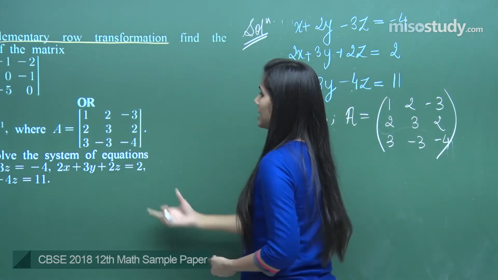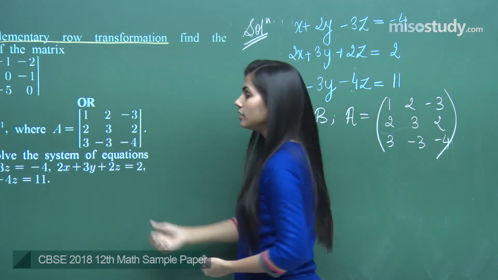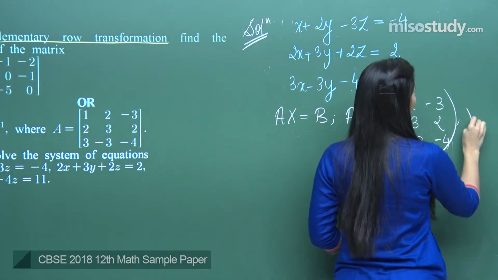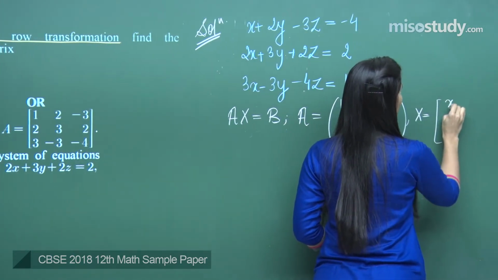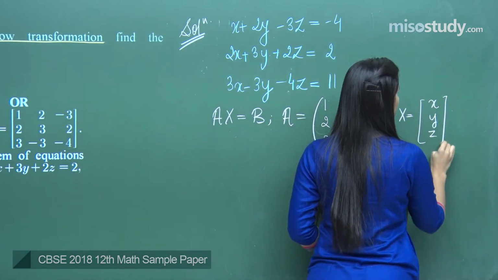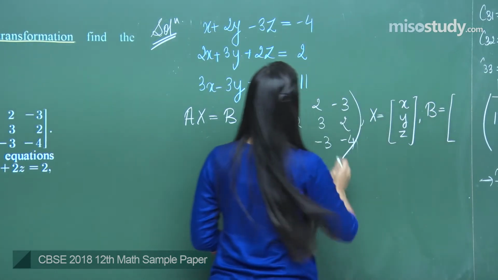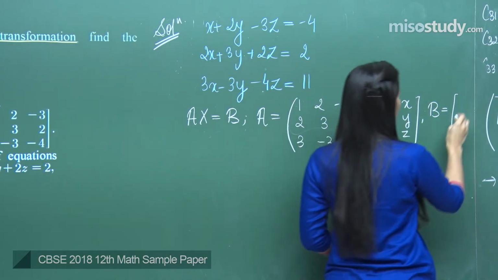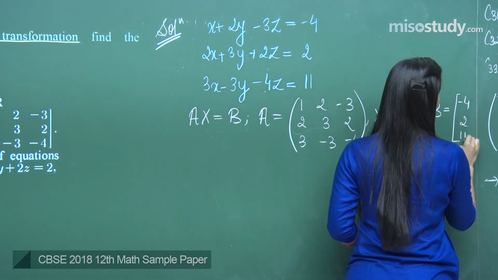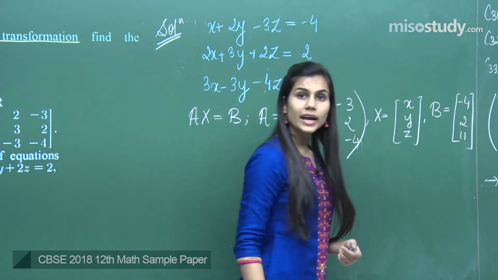This is the exact same matrix which is given over here. Your X is x, y, z, and your B is the column vector minus 4, 2, 11.